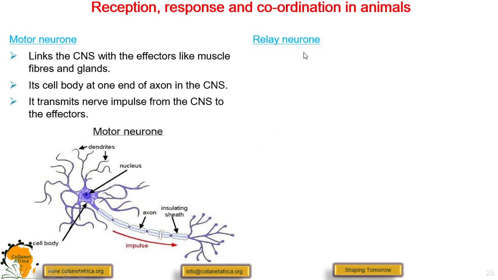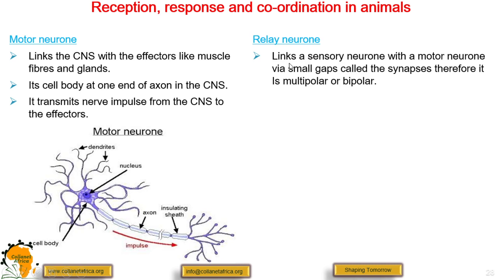The other one is a relay neuron, and this one is found between the sensory neuron and the motor neuron, and it links these two through small gaps called synapses, and it can be either multipolar or bipolar. It is found in the central nervous system. A relay neuron does not have a myelin sheath.